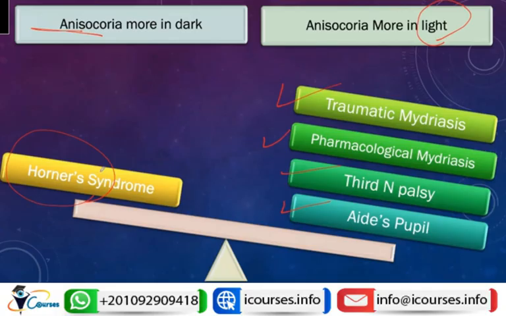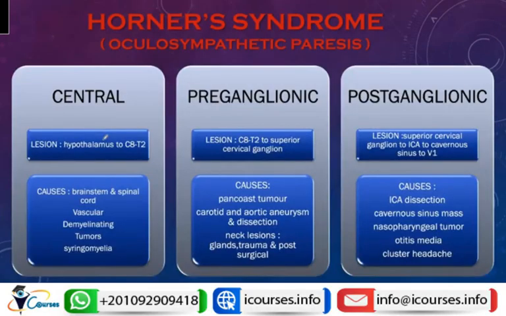From all of these, the most important is Horner syndrome because it has some physiological tests that we need to understand, but we don't need to know more than a few pieces of information about the other types of anisocoria. So starting with the Horner syndrome.